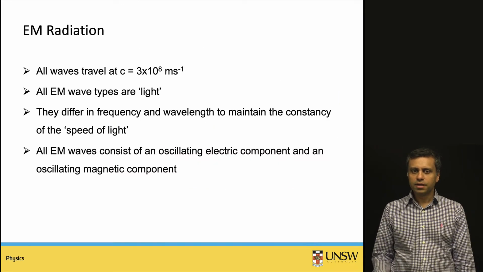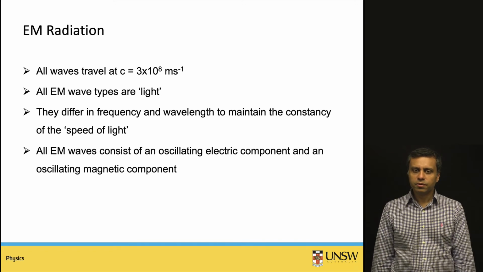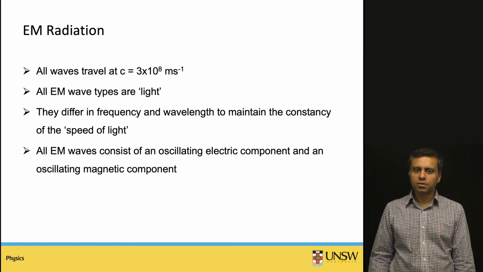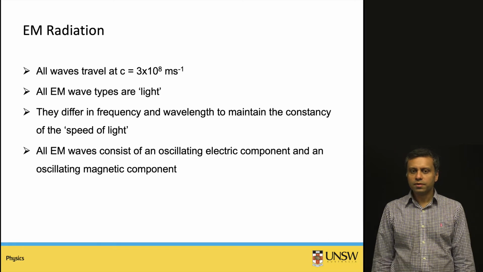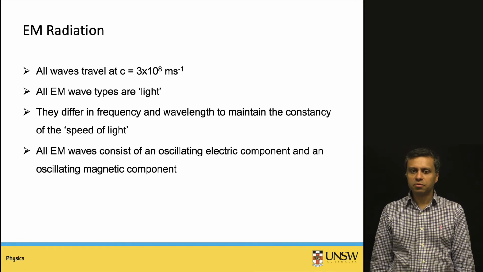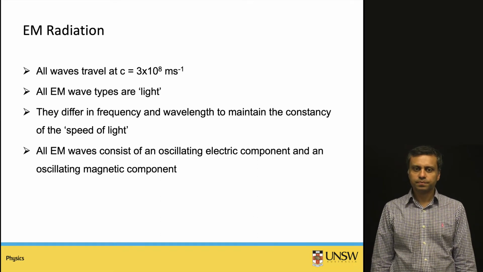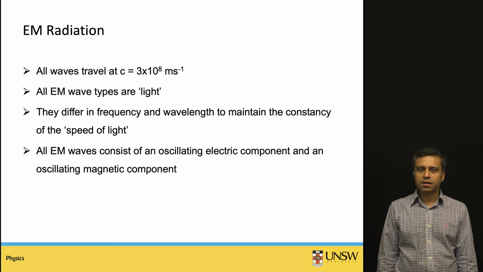Okay, so let us look at some of these electromagnetic radiations in detail. Before that, it is important to note the following points. All of these waves travel at the same velocity in vacuum. The speed is 3 times 10 to the power 8 meters per second. And all the EM waves are called light.